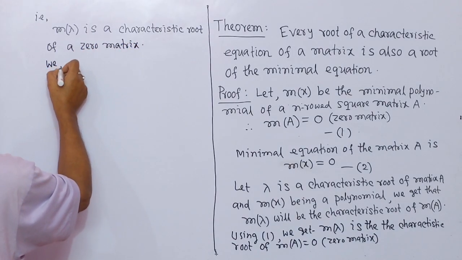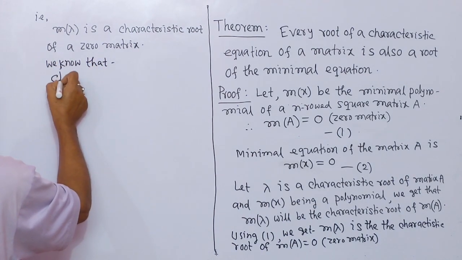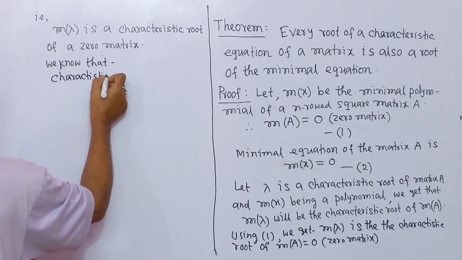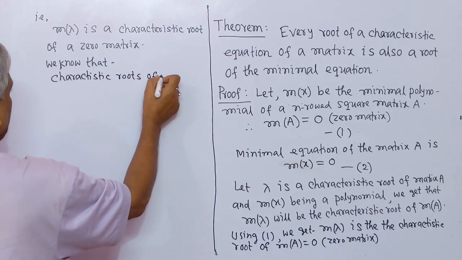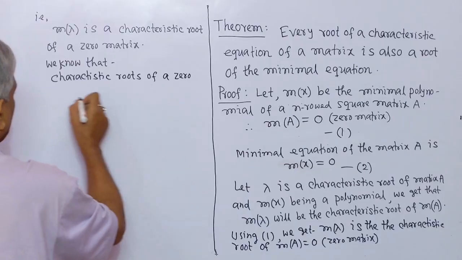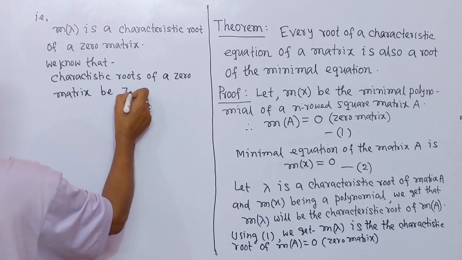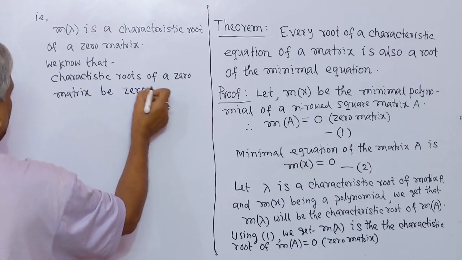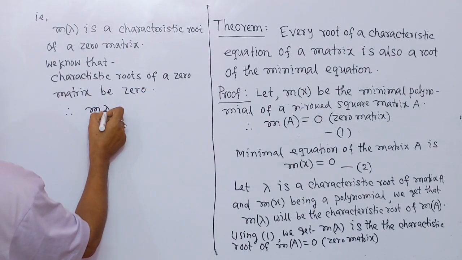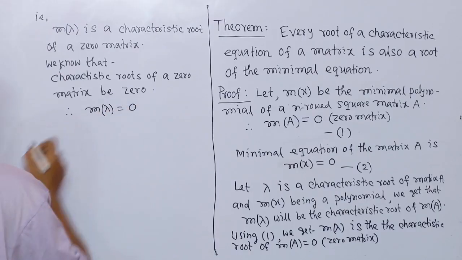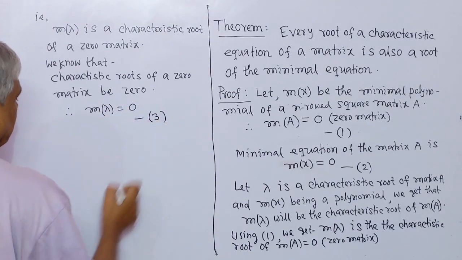We know that characteristic root of a 0 matrix be 0. Therefore, m(lambda) equal to 0. This is number 3.